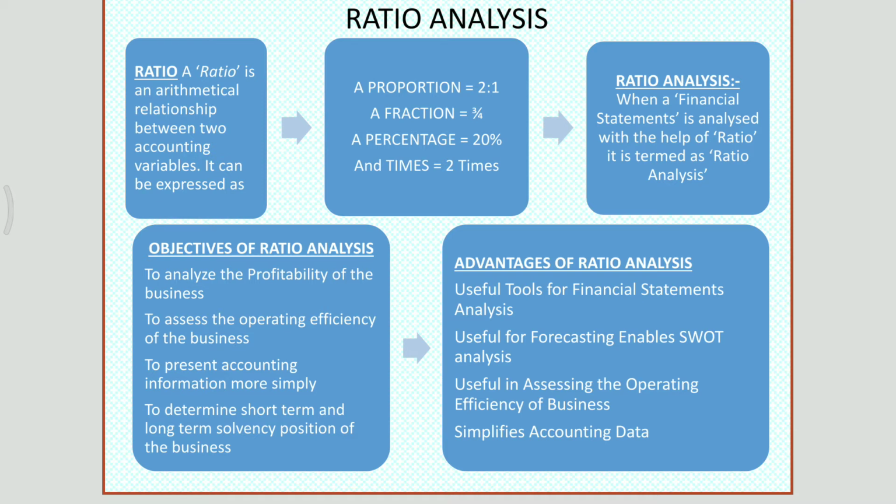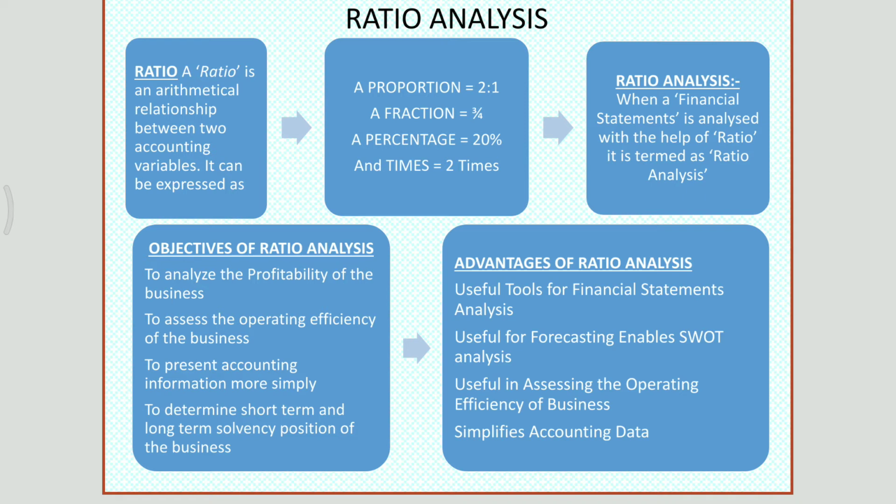You will find proportion, percentage, and times in this chapter, but there is no ratio that can be expressed as a fraction. Before we know the meaning of ratio analysis, first we should understand the ratio. Suppose you are trying to find out the percentage or proportion of your accountancy books out of the total books available with you.